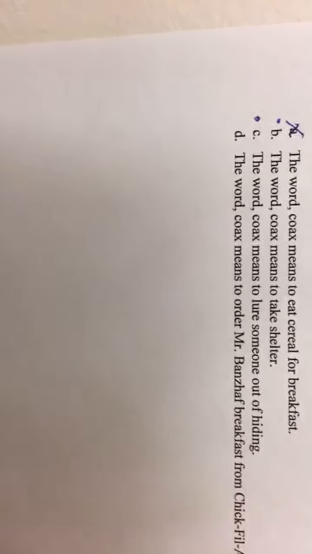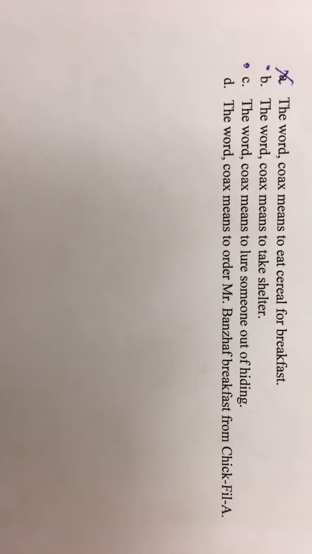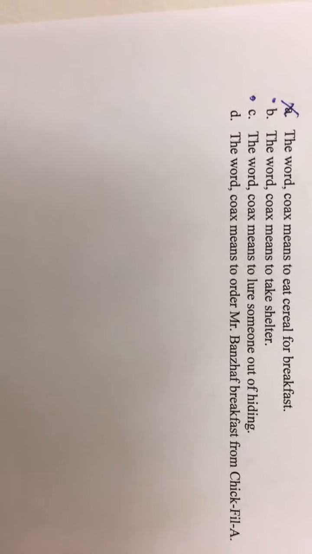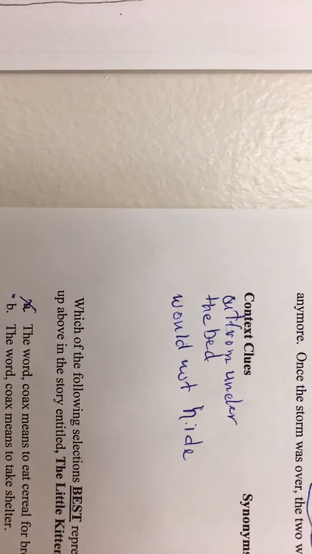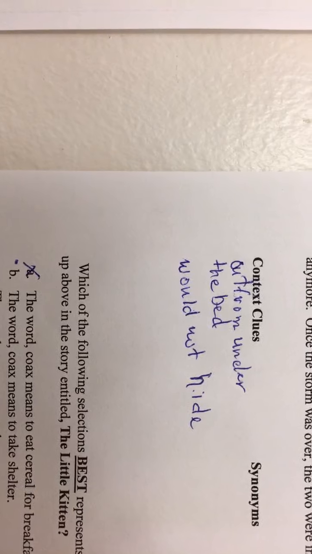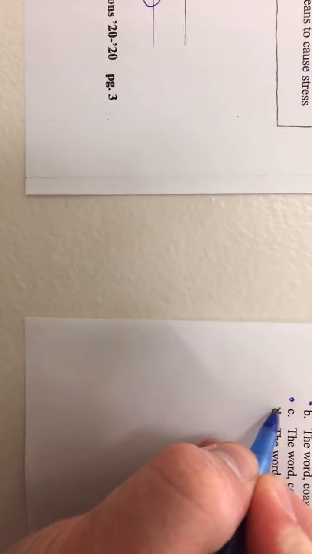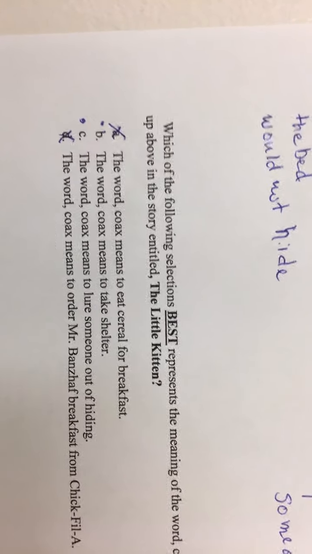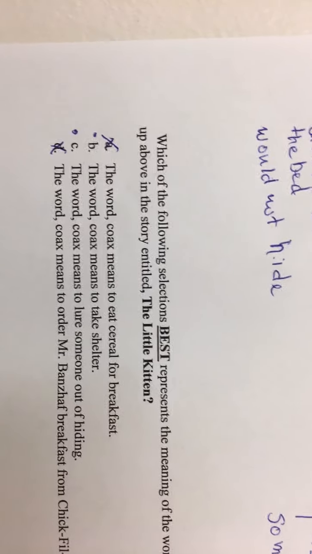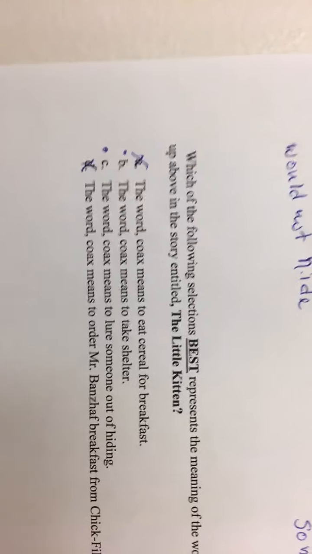And the letter D, the word coax means to order Mr. Banzoff breakfast from Chick-fil-A. I don't see that up there in the context clues, and I don't see that over in the meaning either. So letter D is now out. So now, let's take a look. We have the word coax means to take shelter, or the word coax means to lure someone out of hiding.